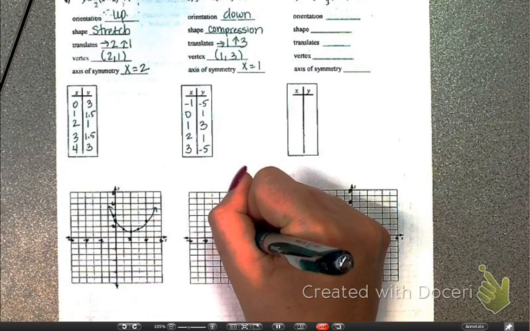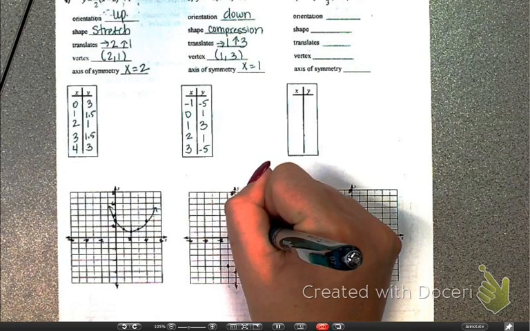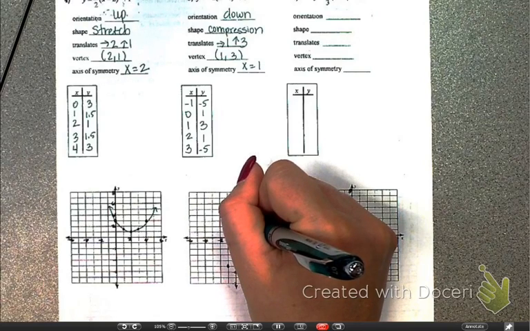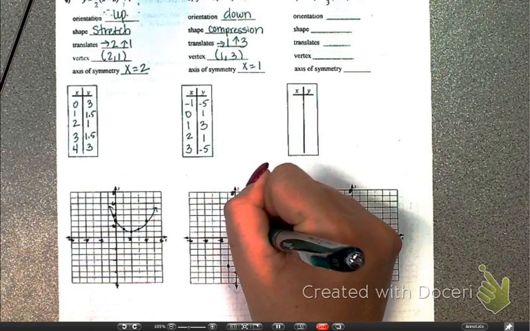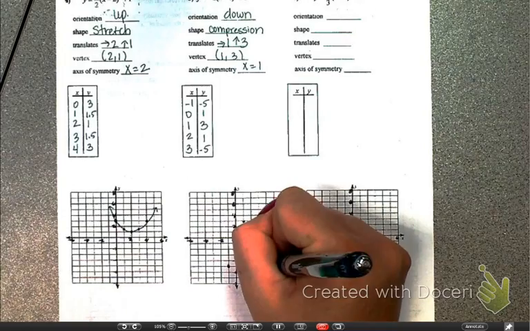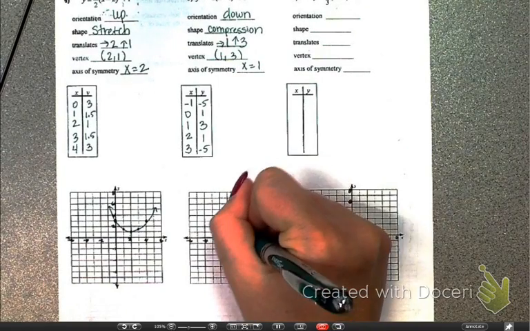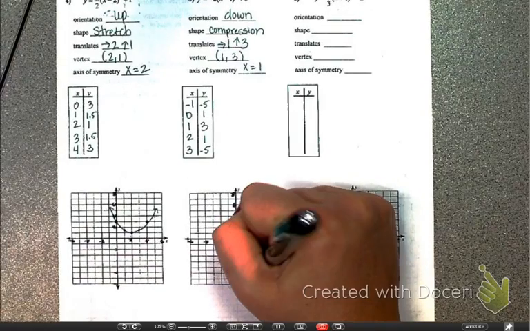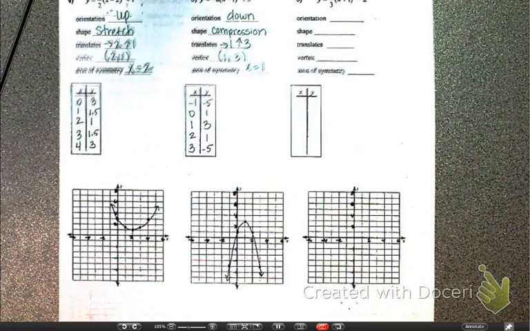And this one should also be skinnier than the parent function. And it definitely is a little narrower. I know it's a little hard to see on my screen.